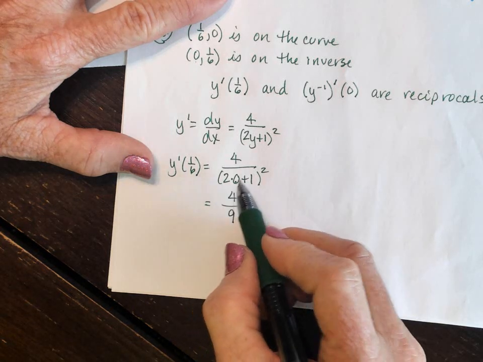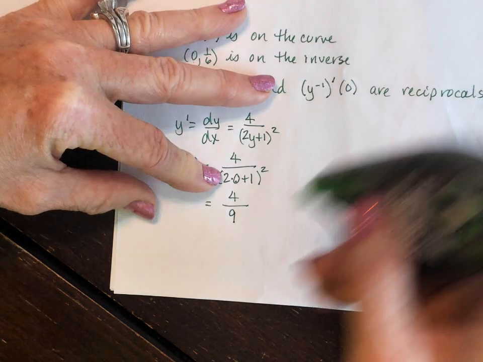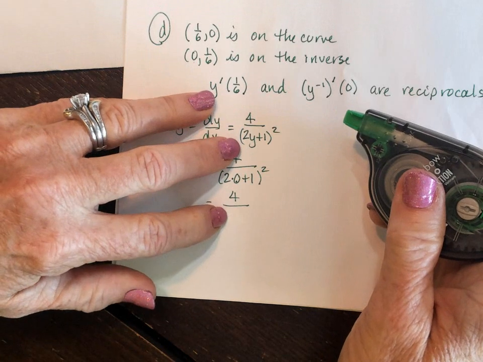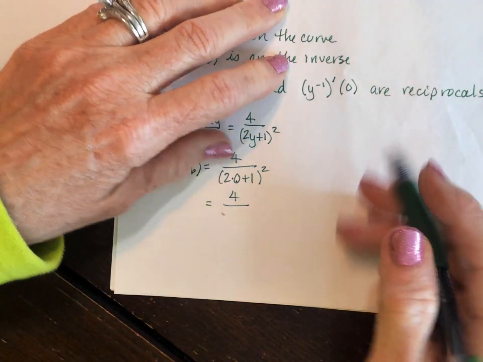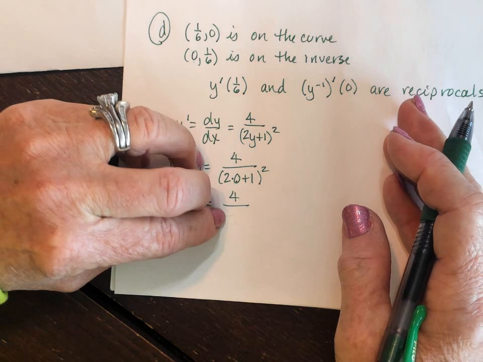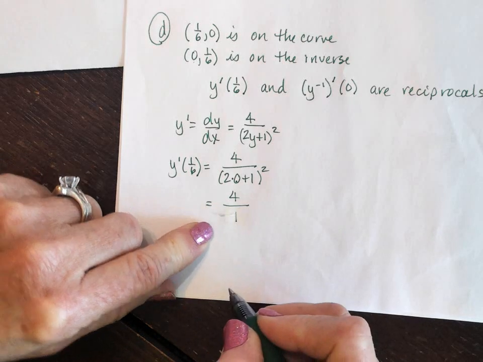This ends up being 4 over, did I do that right? 2 times 0 is not 2. 2 times 0 is 0. So this is 0 plus 1, which is 1 squared, or just 1.